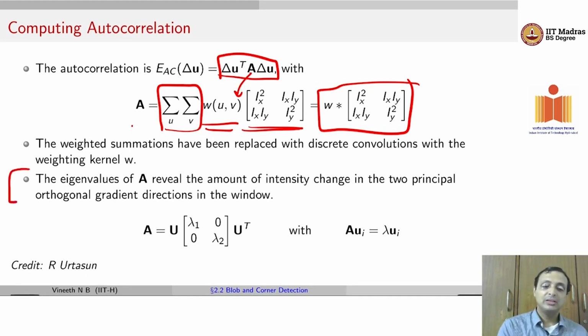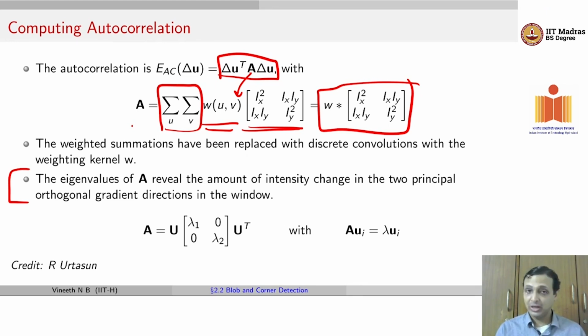So this matrix A, delta U is simply the change that you imposed in the patch location, right? That's what you imposed. A is what gives you how the gradients changed between those two patches, and W is a weighting factor that tells you how much you should weight the central part of that patch versus the peripheral parts.